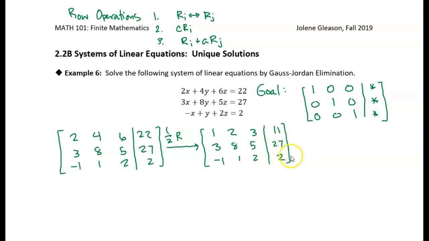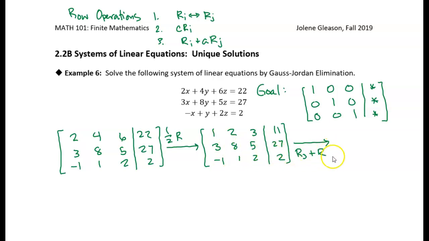All right, so now I have a 1 where I want it, and now I want to get zeros below it. Okay, so what's my next row operation going to be? Well, I can see easily that I can just add row 1 to row 3, and then this number would become 0 because 1 plus negative 1 is 0. So I'm going to take row 3 and add row 1 to it. That's an easy one.